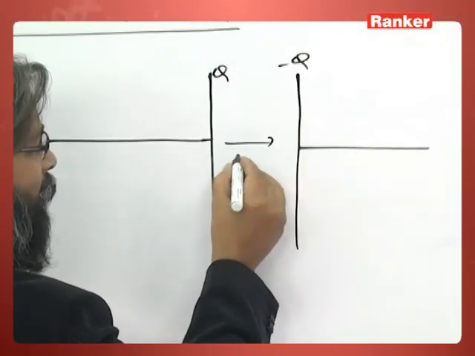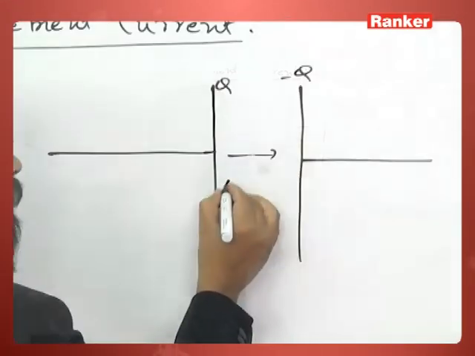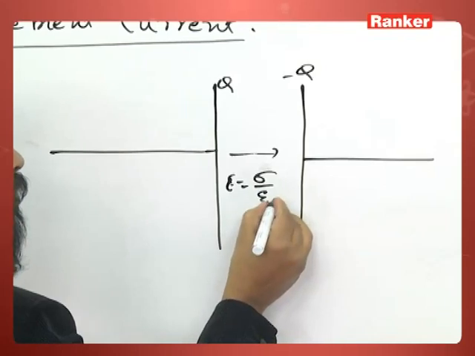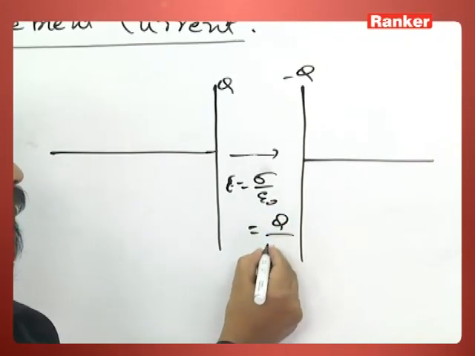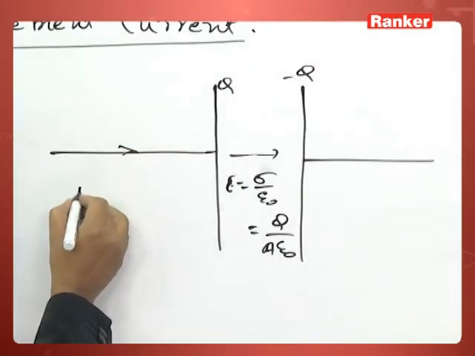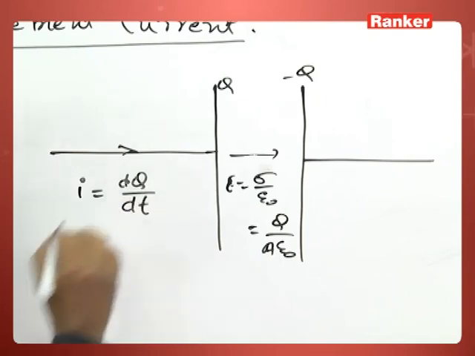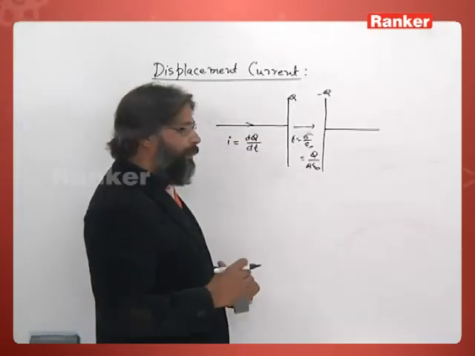The electric field E will be equal to sigma by epsilon naught, which can be written as Q by A epsilon naught. Now the current I is equal to dQ upon dt. This is the conduction current.